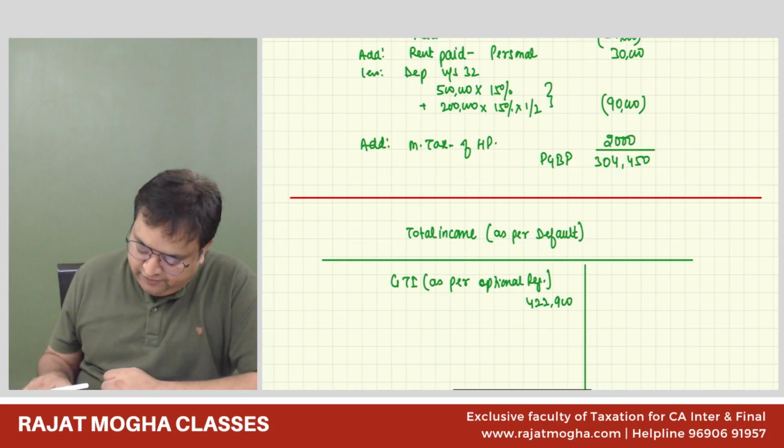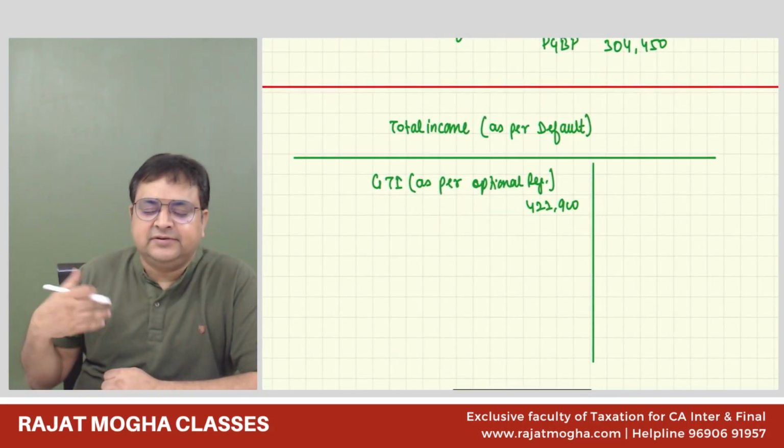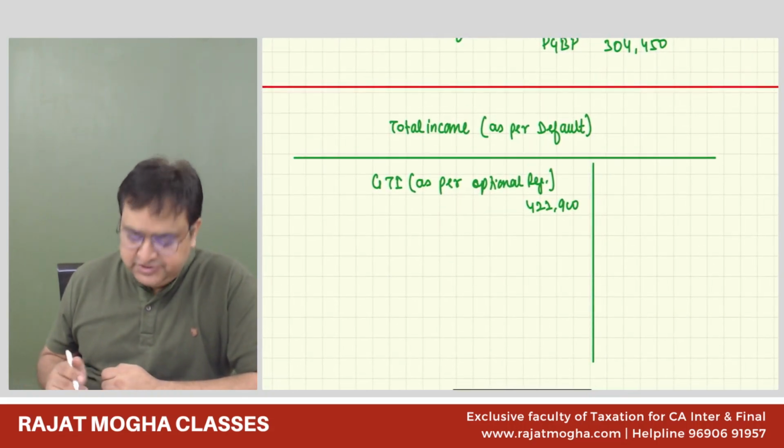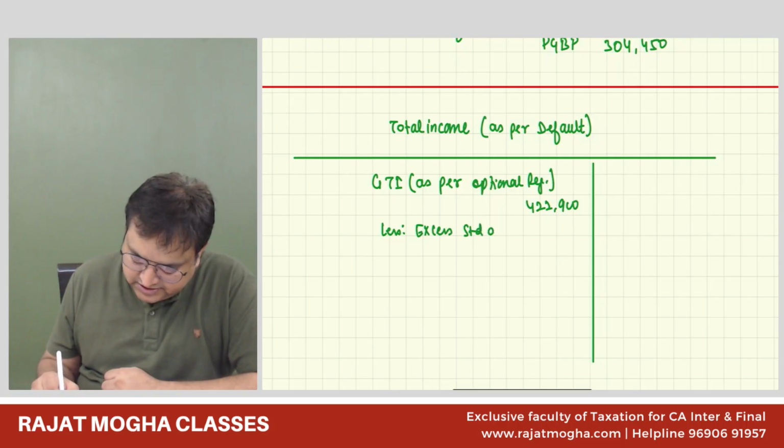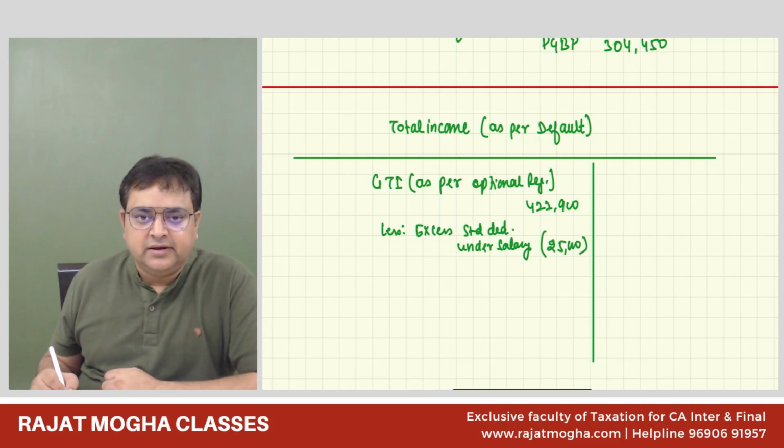For salary, we will give some extra deduction, standard deduction. So less: excess standard deduction under salary, 25,000 will be subtracted.